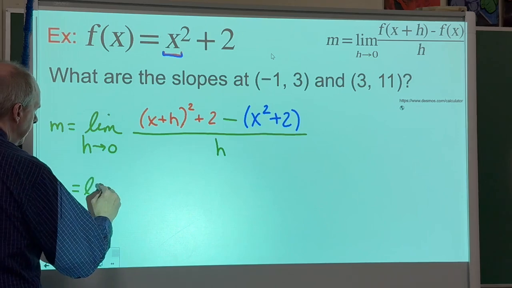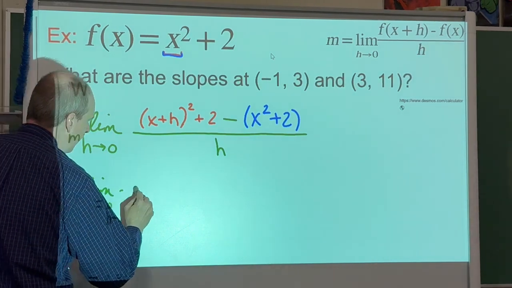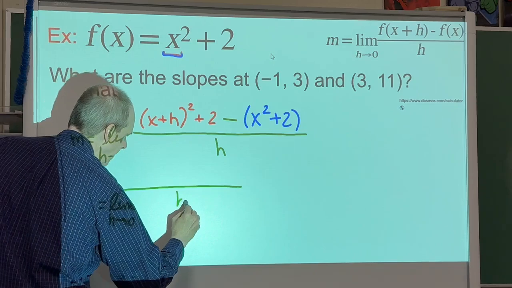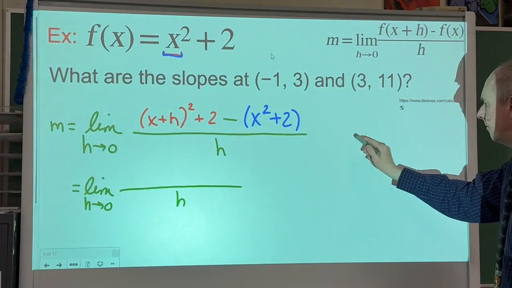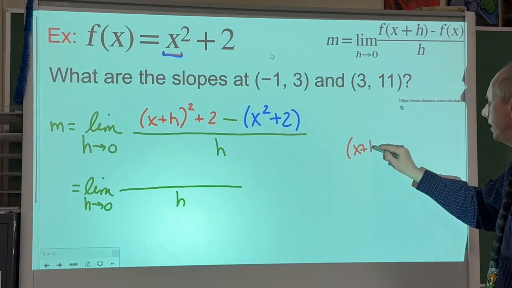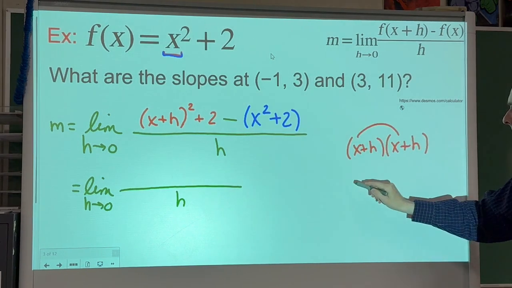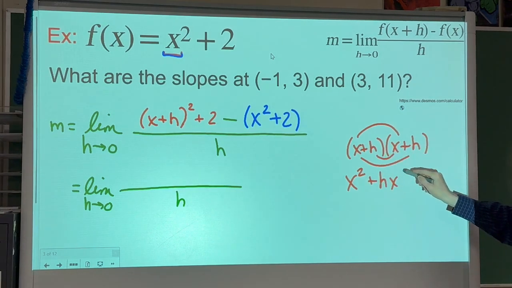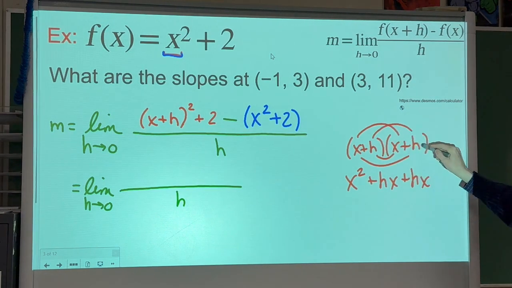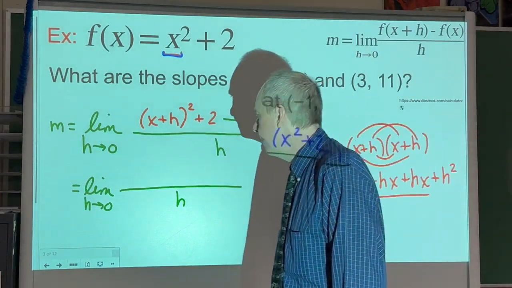So this is equal to the limit as h approaches 0. Might need to come off to the side and do x plus h squared. FOIL, x plus h times x plus h gives us x squared plus hx plus hx plus h squared. Like terms right there.